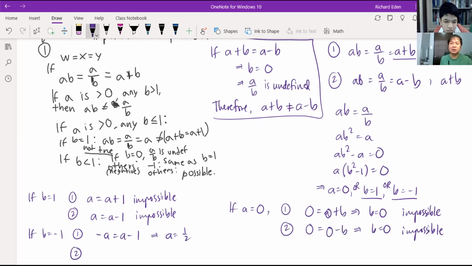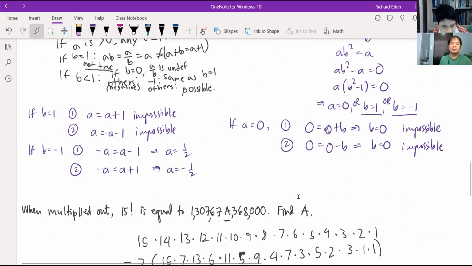And then case number 2, on the other hand, gives us the following: negative A, so that's the value of AB, or A over B, and then A minus B. So that's going to give us A minus -1, A plus 1, which tells us that A is going to be equal to -1/2.